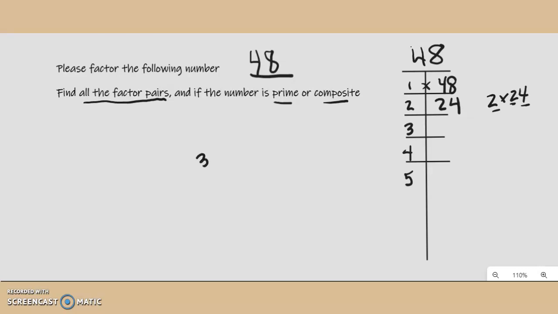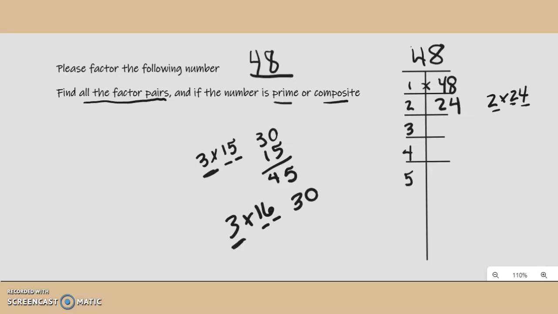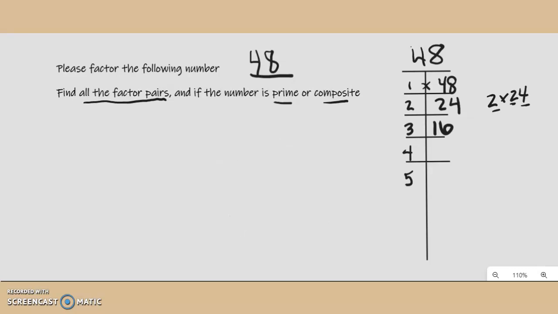Well, I know that 3 times 10 is 30, and 3 times 5 is 15, so that'll be 45, excuse me, 45. 3 times 16, I know that 3 times 10 is 30, and 3 times 6 is 18, so I know that 16 works right there. 3 times 16, I'm going to erase these after I find them.